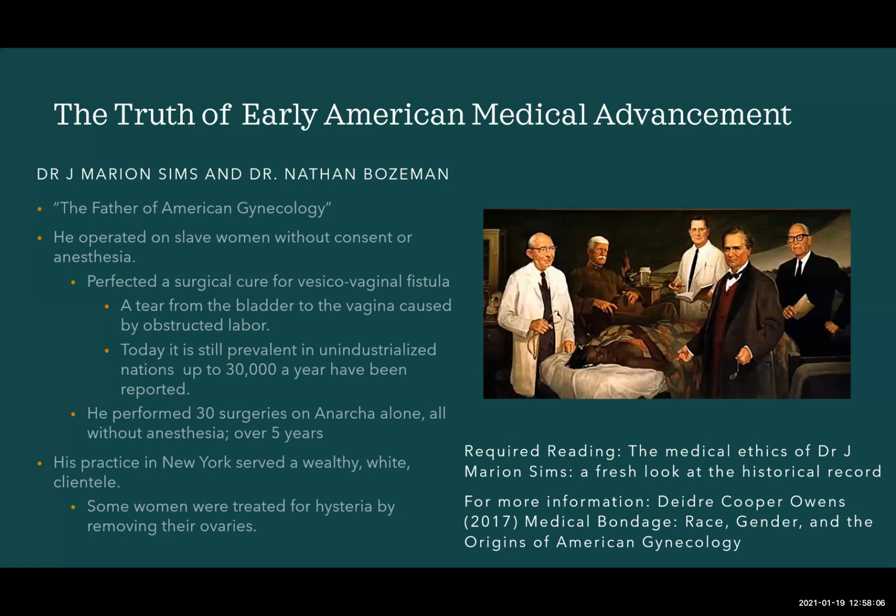However, once Sims found the surgical cure for vesicovaginal fistula, he then returned to New York to serve a wealthier white clientele and make a lot of money, right? But there was definitely something missing in Sims's personality.